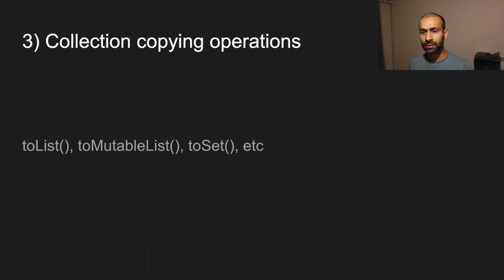The next is creating a copy of the collections. As I explained earlier, Kotlin does not provide fully immutable data structures, but it provides one way to prevent mutable data, by separating out the interfaces. The second is to return a copy of the collection that you update. That could be easily done by calling toList, toMutableList, toSet, etc. It would create a shallow copy.